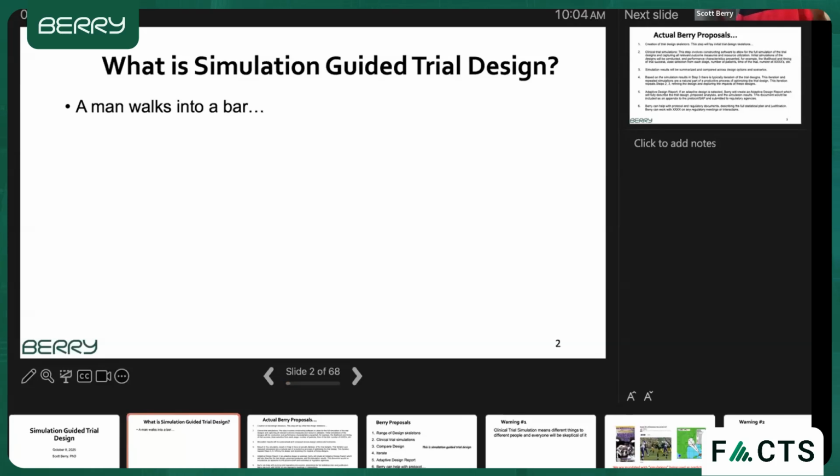We continually compare things, and it's hard to evaluate something just in isolation. And I think this is really the crux of simulation guided trial design. It's why I think it's misunderstood. Simulation is one of the most misunderstood things within clinical trial science to some extent, because everybody thinks it's something different than what the person says it is or what they're using it for.